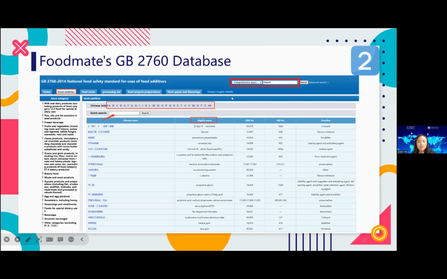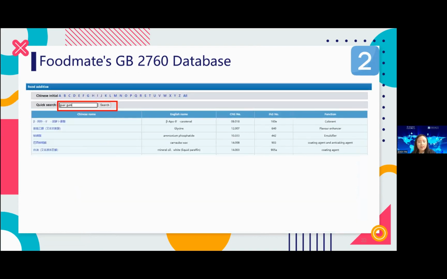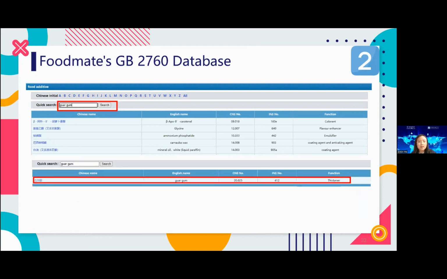And for the second method, if you know the food additive name or INS number, you can search it using the search bar here. If I want to find guar gum, then I input the name or the INS number here and click the search button, and click the Chinese name in the blue letters here.